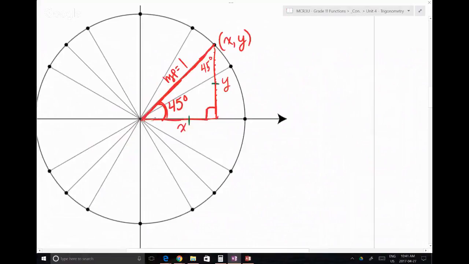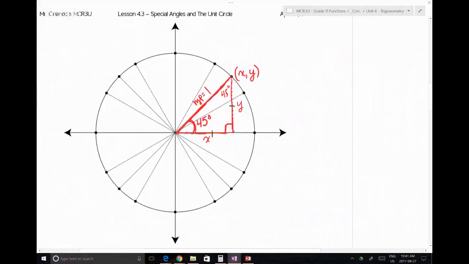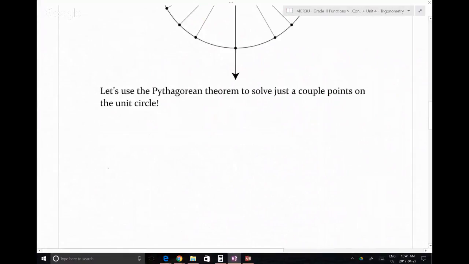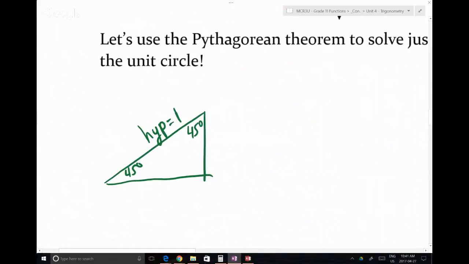And let's redraw this perhaps down below, just to clarify it. So we would have 45 degrees, and the hypotenuse would be equal to 1. I don't know why I made that quite so small.